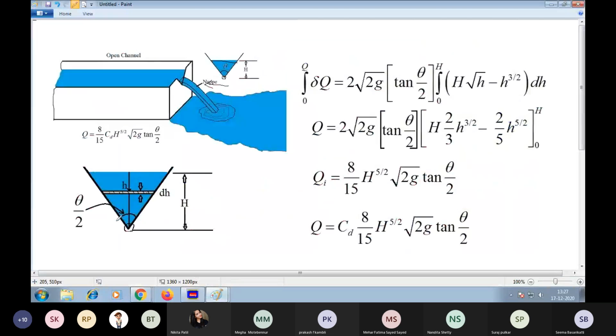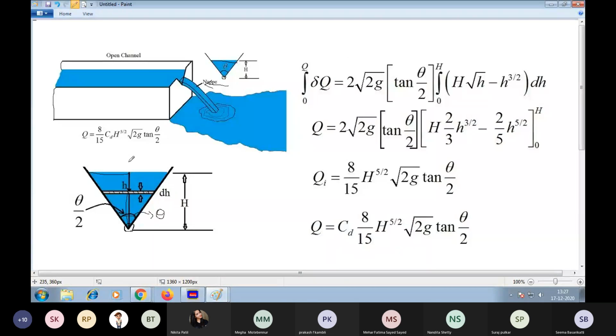This is a triangular notch. The angle made by this notch is how much? It is equivalent to theta. I need to identify this distance, so that's why I'm going to divide it.